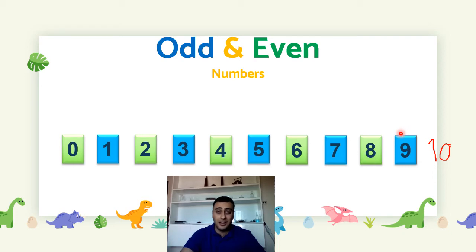Is 10 gonna be an odd number? Uh-oh. So 10 is not an odd number. Let's see with even. 0, boom, 2, boom, 4, boom, 6, boom, 8, boom, 10. So 10 is an even number. Now I'll show you how we can know if a number is odd or even. Let's go.